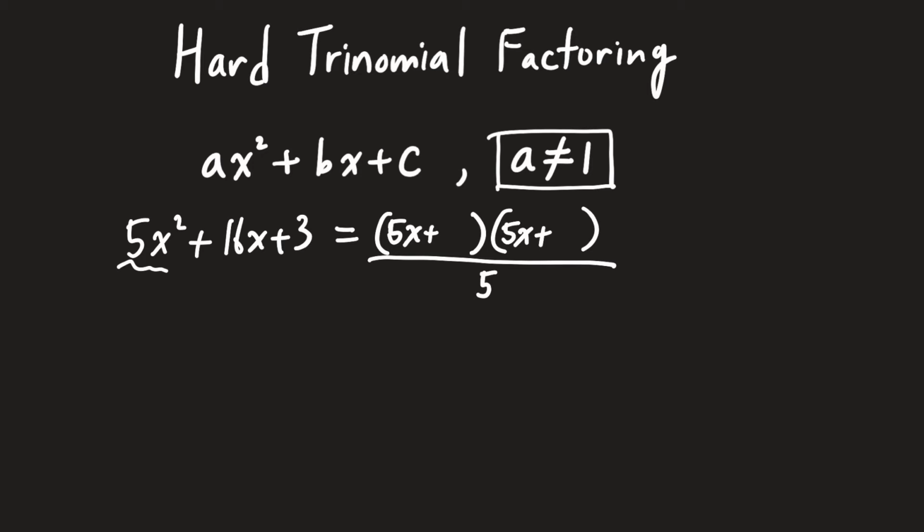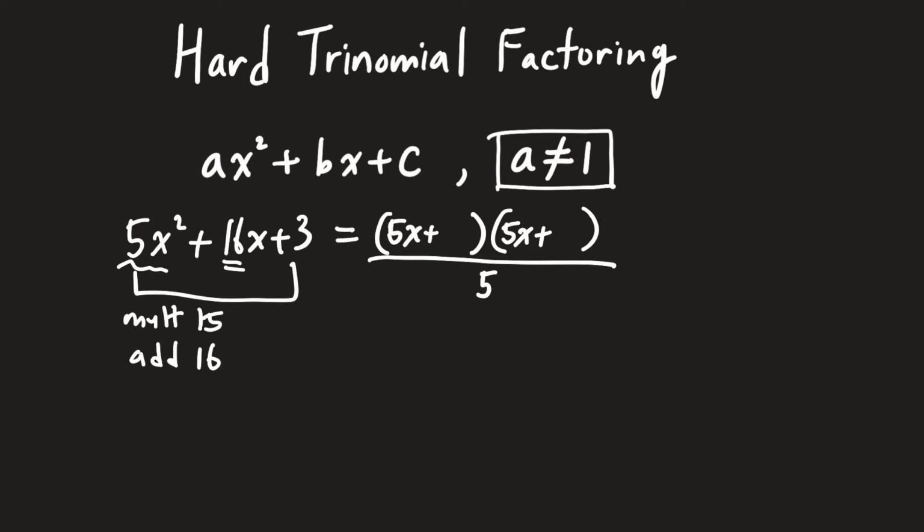Okay? The second step is I'm going to find a pair of numbers where they multiply to give you 15. 15 is simply the product of 5 and 3. And that add to give you 16, which is this middle term. So again, I want to find a pair of numbers that multiply to give you 15 and that add to give you 16.